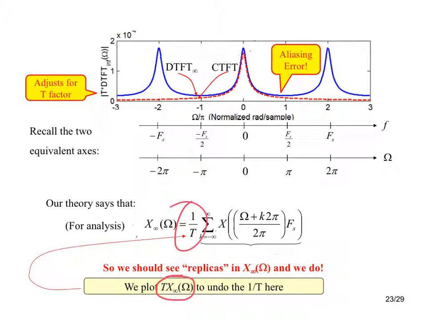But we're not seeing that. We're seeing the effect of some aliasing. So we're seeing that the DTFT is a little bit above the CTFT there, and that's due to aliasing.